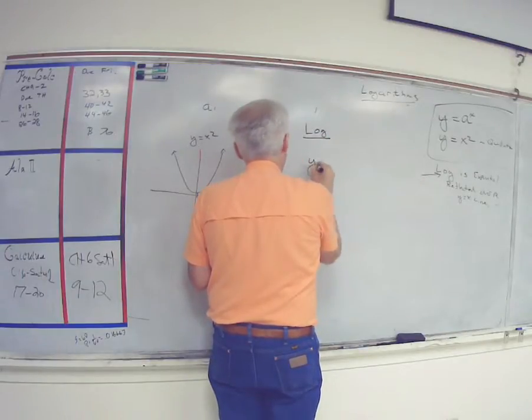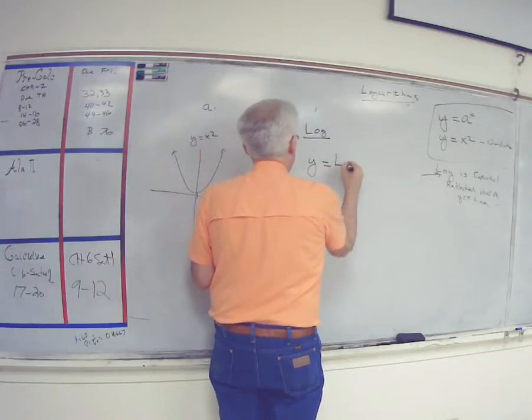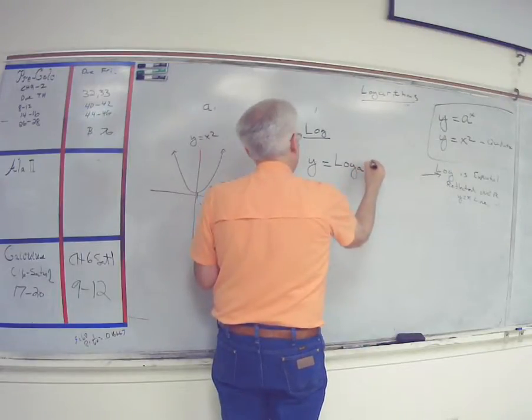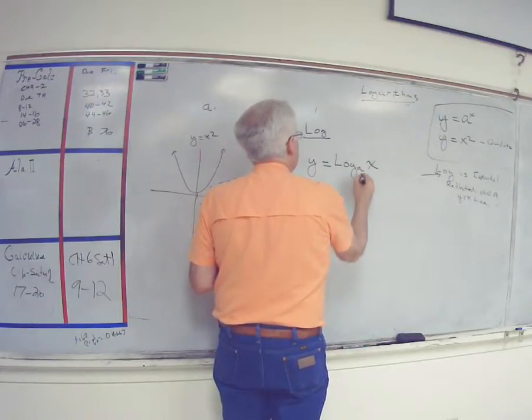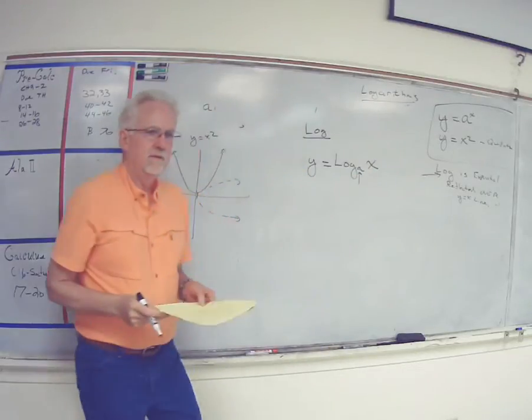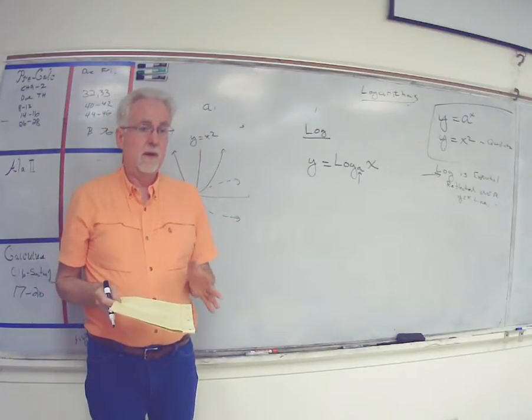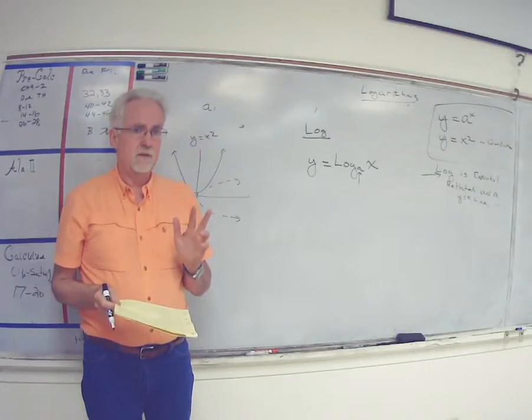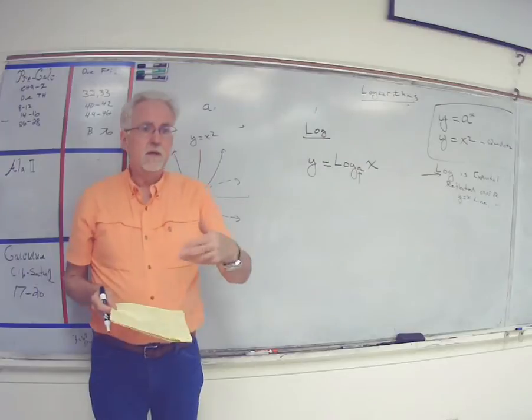You have y is equal to log base a of some variable x. A is a what? Yeah, it's a base, but is it a variable or a constant? It's constant. Okay.